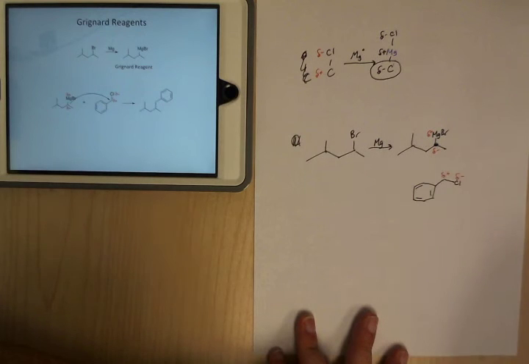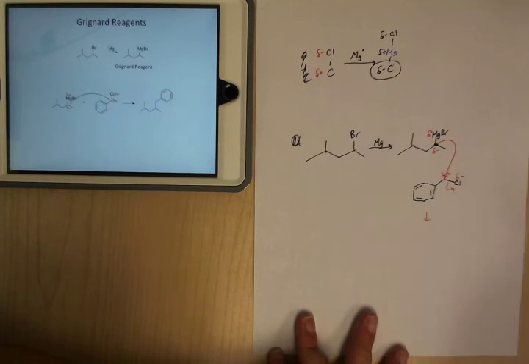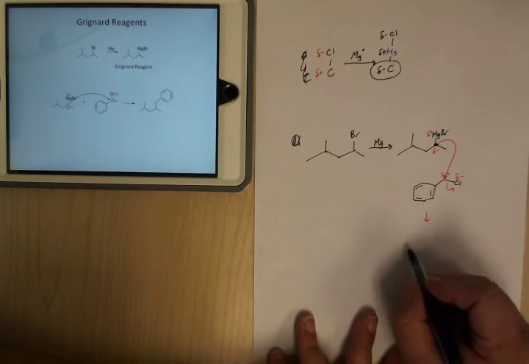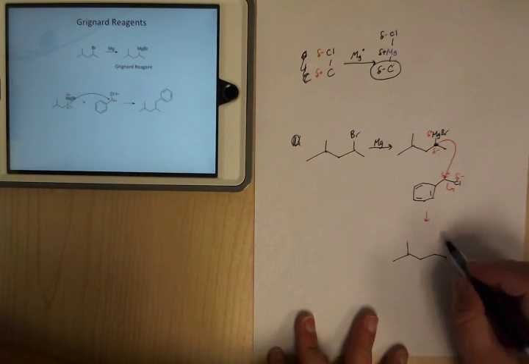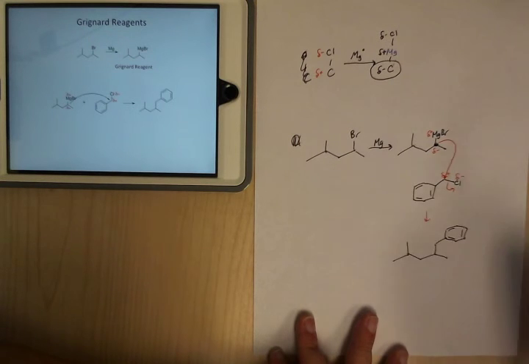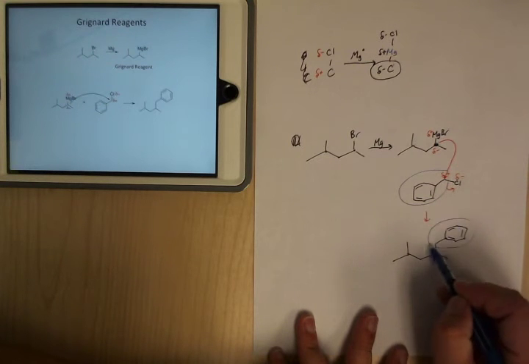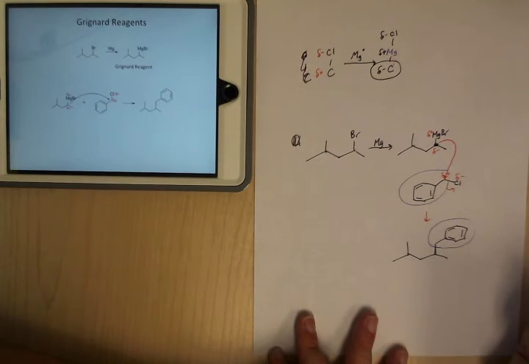These are going to be attractive, and so this is going to attack there and kick off the chlorine. And you can see that this part here is that part there, and then you've made this new carbon-carbon bond.